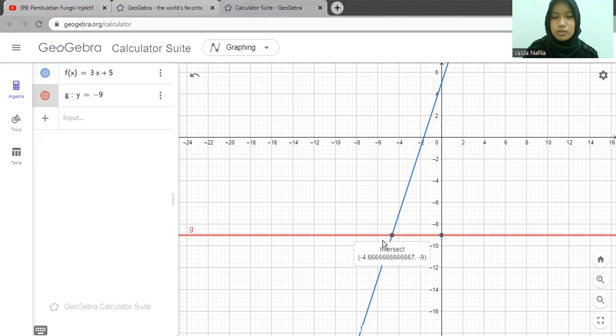It intersects at minimum one point. Okay, so this is a surjective function. Okay, now let me try to prove with algebra.